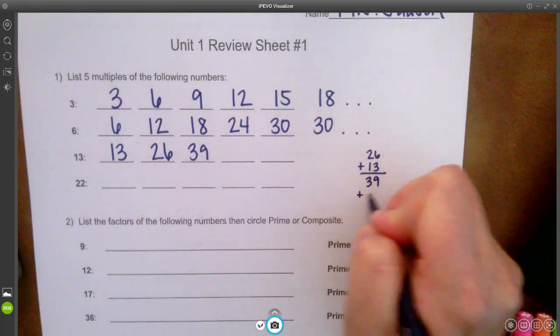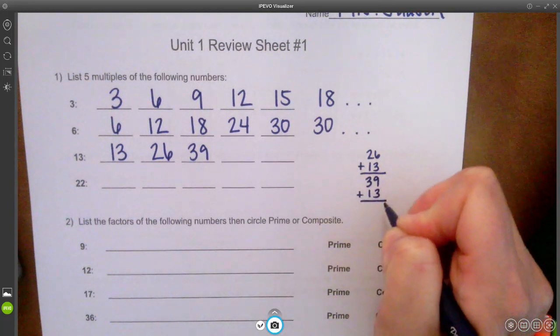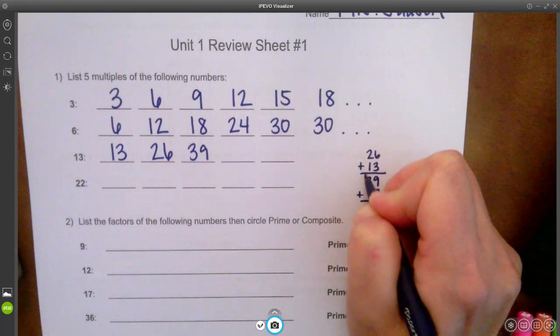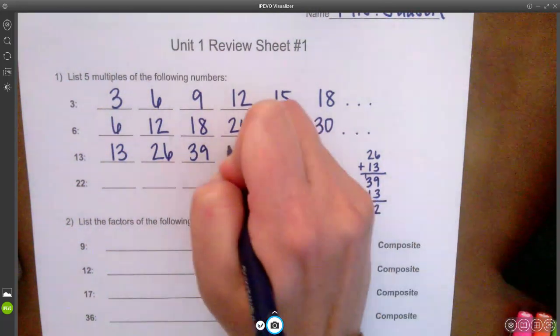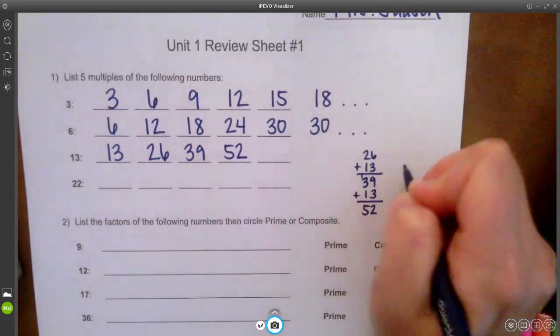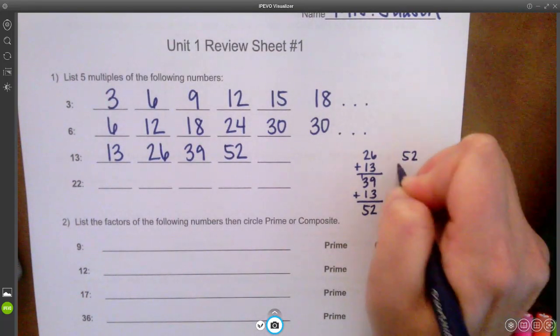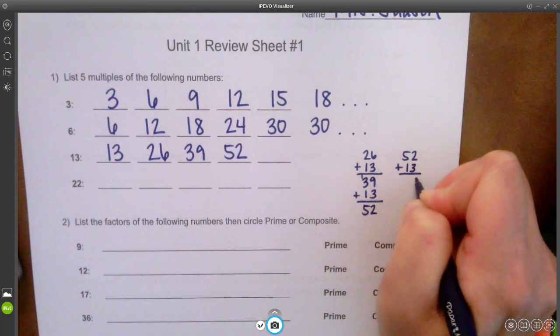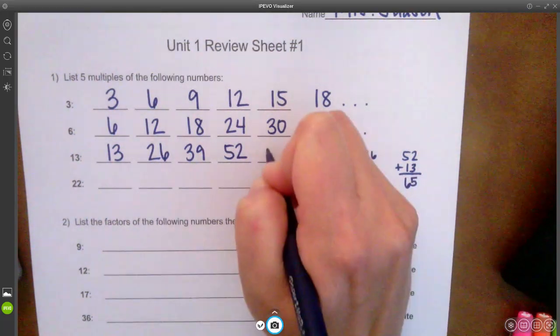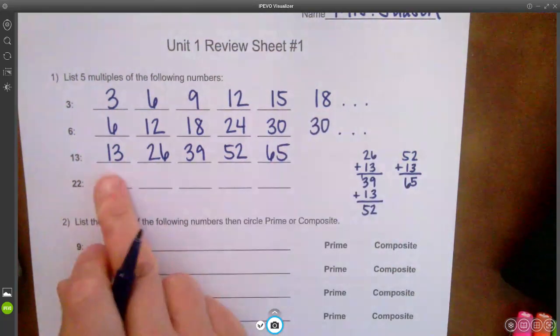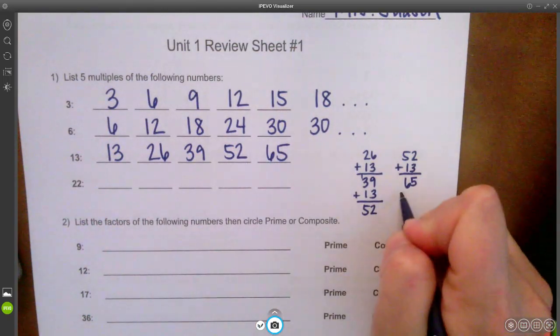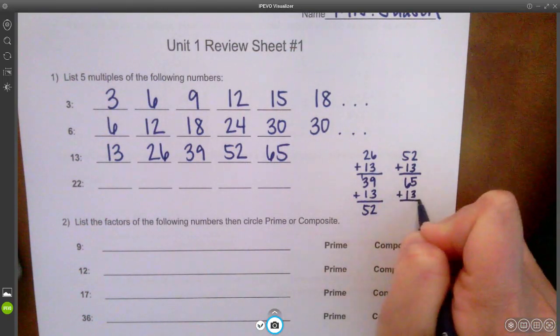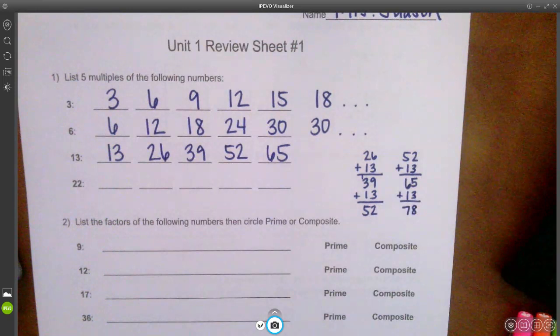Take the number from before and add 13. There's the next number. Again, take that number from before and add 13. And if you didn't start at 13 and you started at 26, you might have even gotten this far, okay?